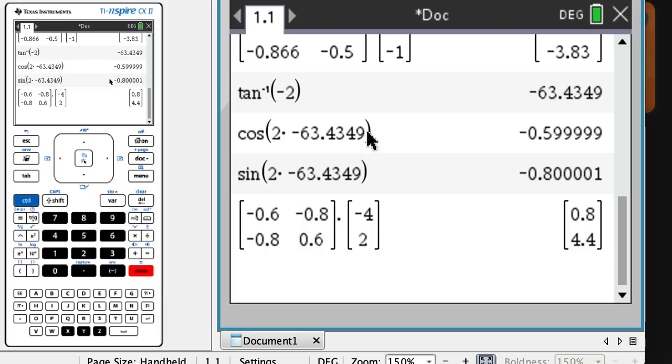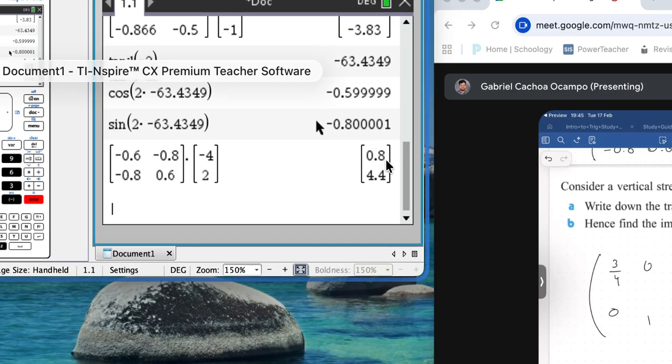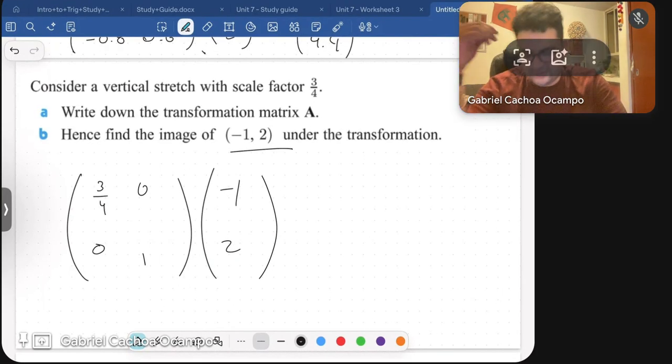And for example, if I want to do a vertical stretch, it is only having the 3/4 in here, 0, 0, and 1. And to find the image, it is just multiplying it by negative 1, 2. Sorry, for the next problem, consider a vertical stretch.